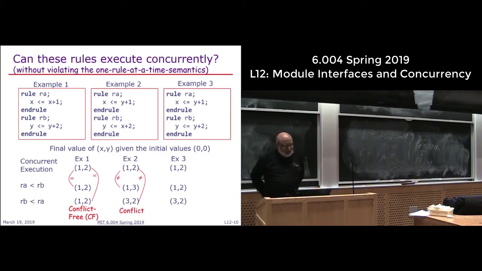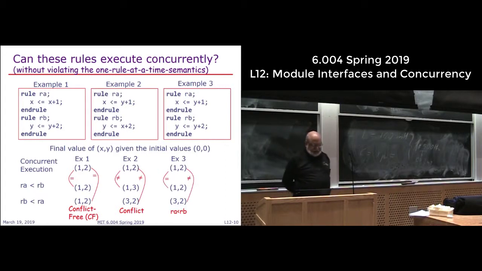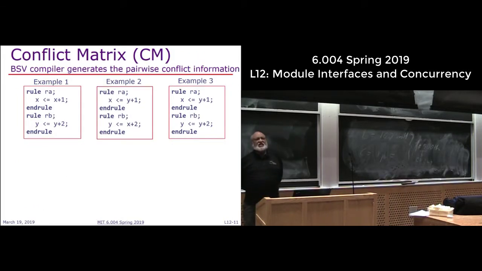So we will say that when you execute these rules concurrently, it behaves as if RA happened before RB. Got it? It's okay to execute them concurrently. Just remember, if you execute them concurrently, the behavior you're going to get is as if RA happened and then RB happened.